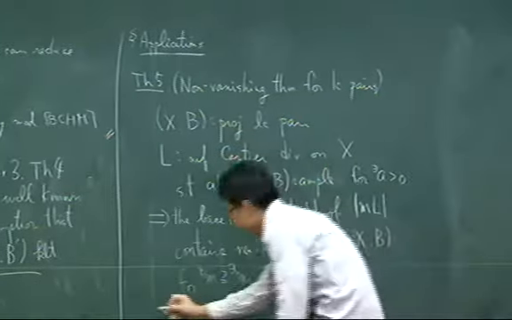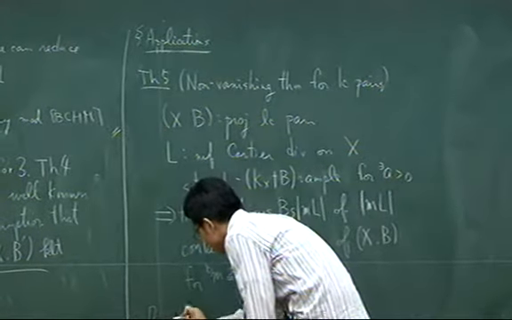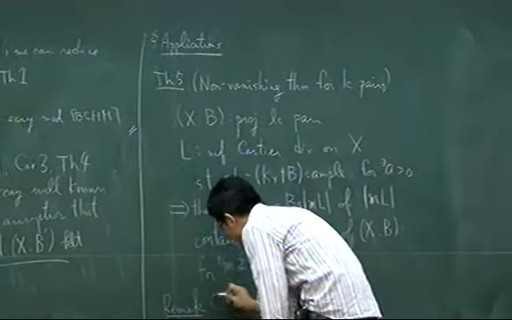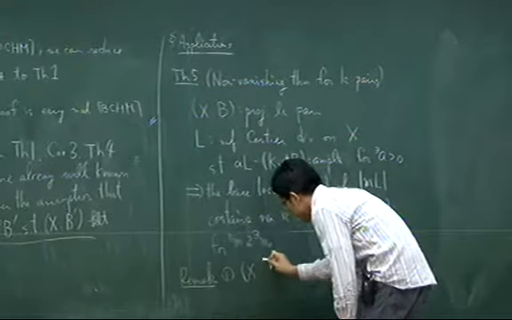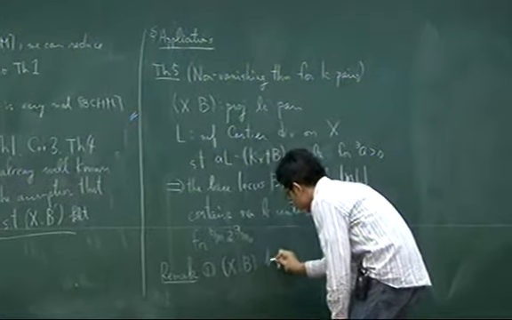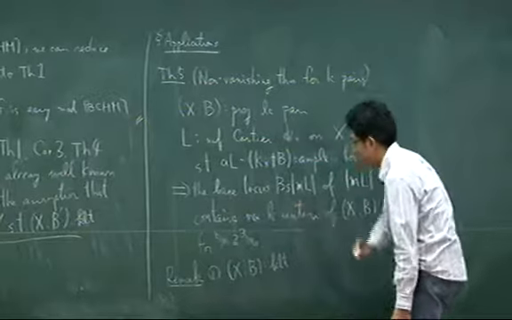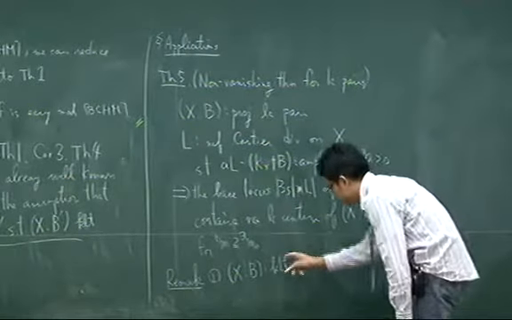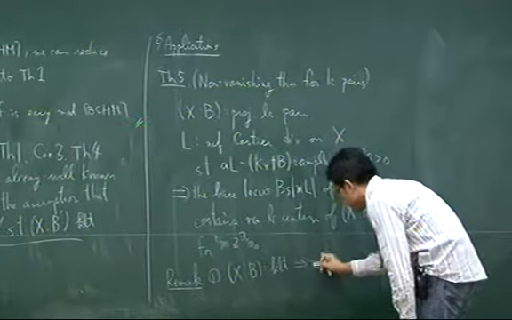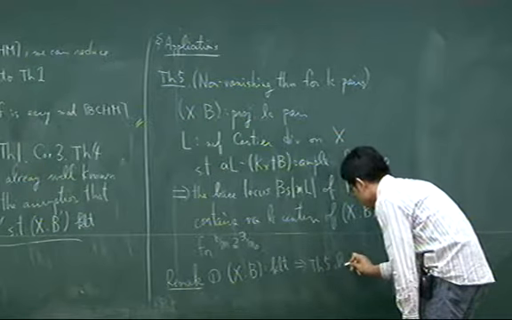Okay, remark. Our first remark is if X B is chaotic, chaotic means there are no LC centers. So if X B is chaotic, then theorem 5 claims nothing.